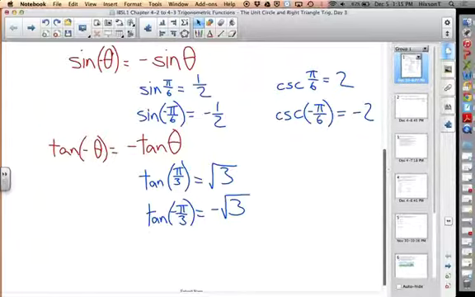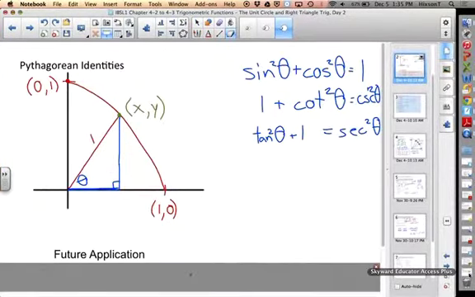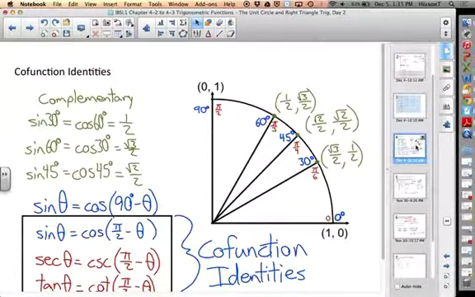No. Go back to your unit circle. On your unit circle, at pi over 6, the y coordinate's 1/2. So that is the sine. All of these points are sine and cosine. Okay? So sine of pi over 4 is root 2 over 2. Okay?